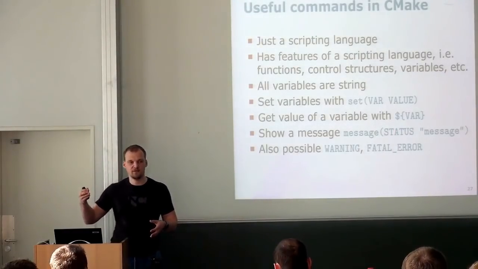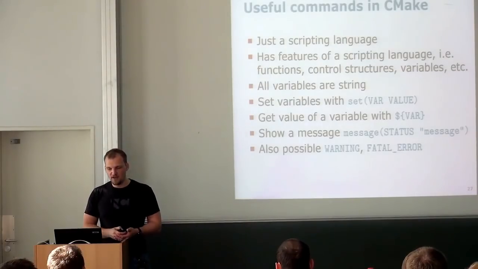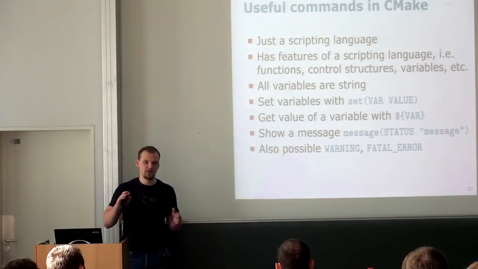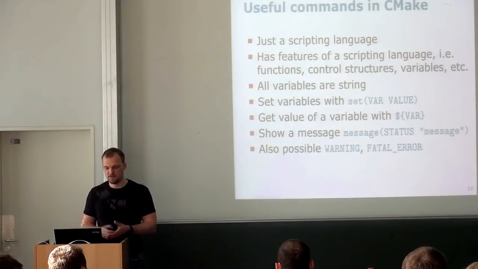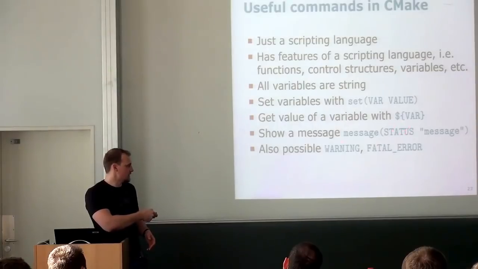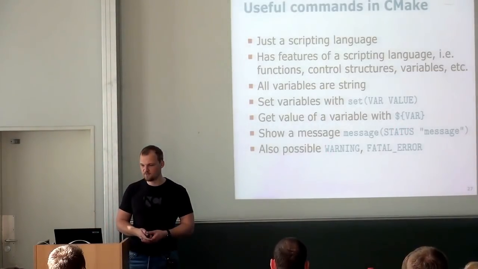That's nice if you want to be sure that your variable is populated and so on. Generally, all variables are strings. Whatever you define is just a string, and you can output it as a string, and you can use it as a string. And for message, instead of status, you can use warning or fatal error if you want to stop under some condition.